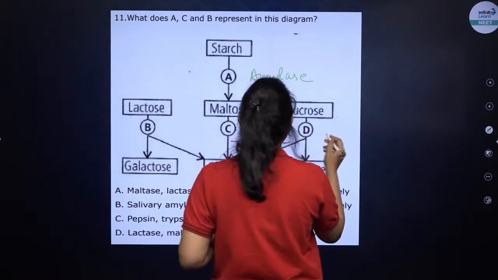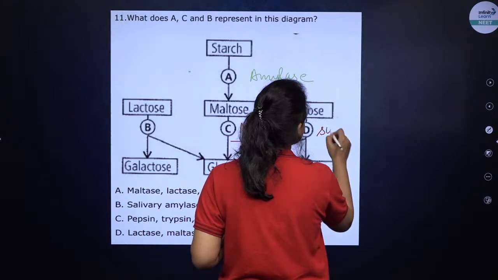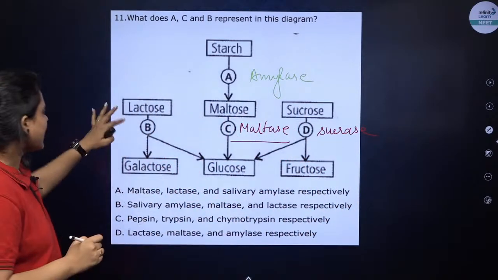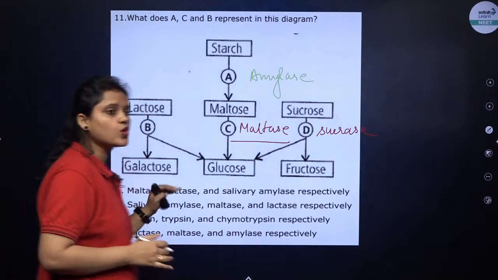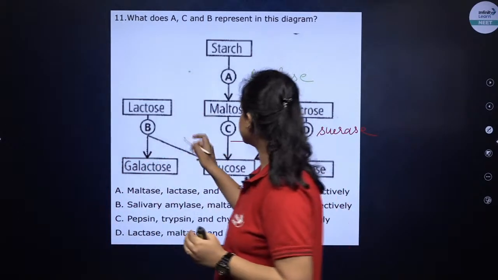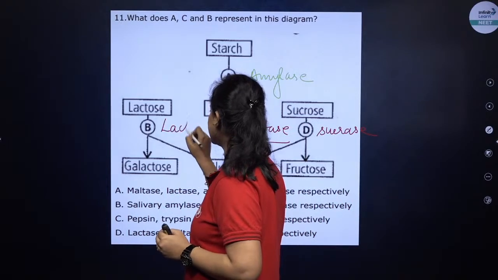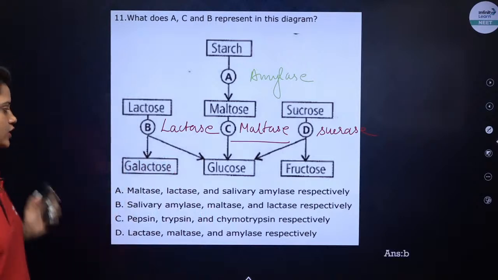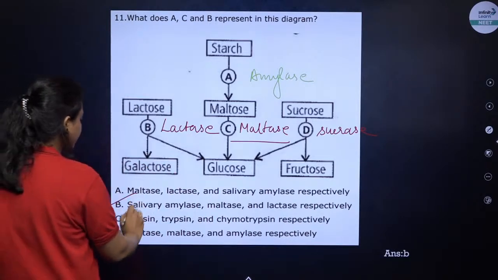Sucrose will form glucose and fructose because of enzyme sucrase, and lactose will form glucose and galactose because of enzyme lactase. Yes? See, all the enzymes are sorted, so the correct option for this question will be B.